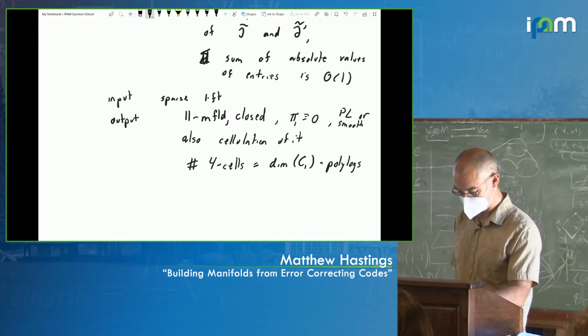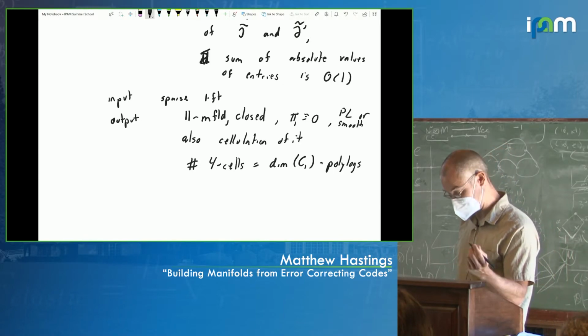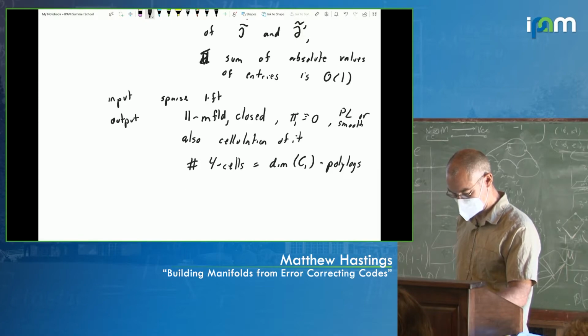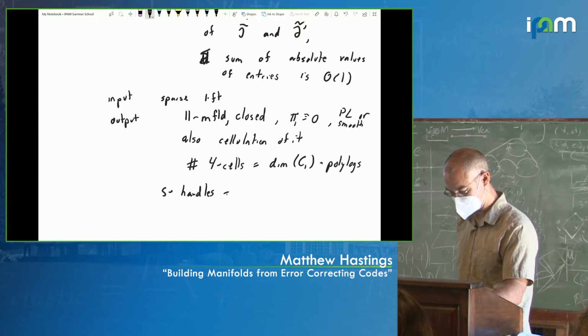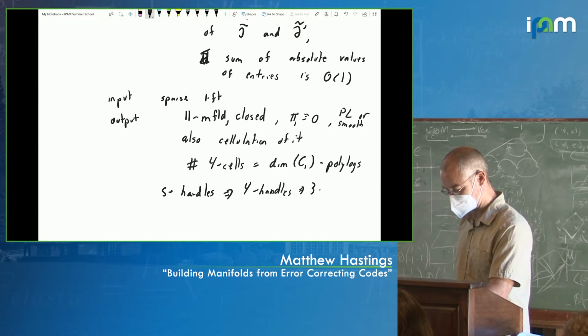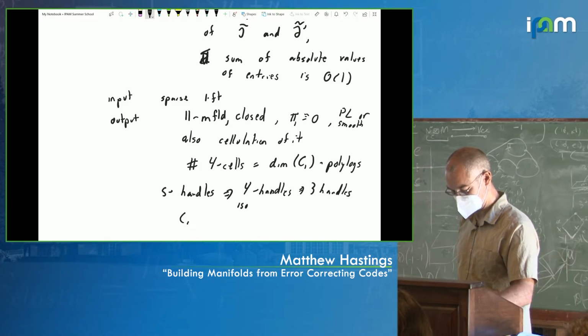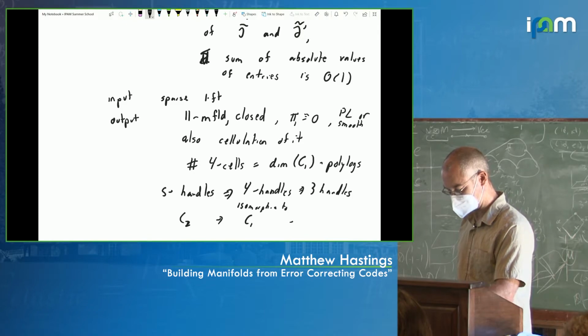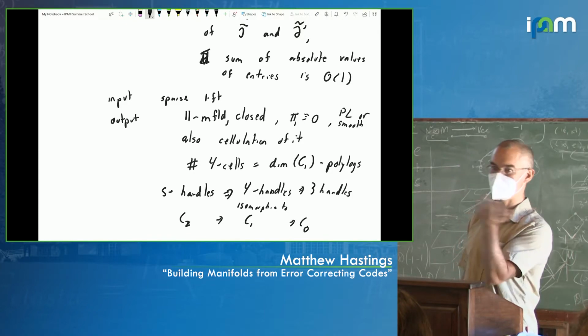The chain complex that is a cellulation and a handle decomposition. The chain complex that is 5 handles to 4 handles by the attaching map to 3 handles will be isomorphic to C2 to C1 to C0.